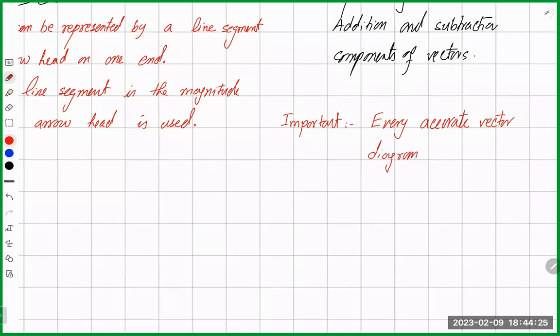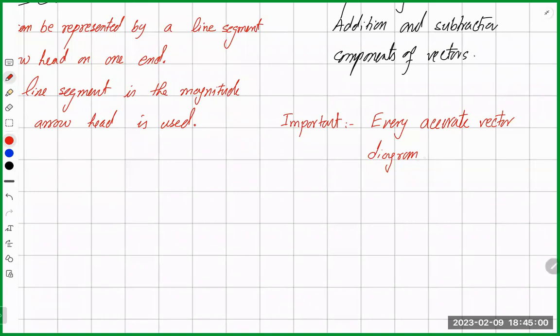What is meant by accurate vector diagram? Accurate vector diagram means a vector diagram that is drawn to the scale, not like random lines just showing the direction and shape of the vectors. Sometimes we sketch a diagram without any accurate measurements. That is not an accurate diagram. An accurate diagram means that every dimension, every length, every angle is measured and drawn as it should have been drawn. So that kind of diagram is called an accurate diagram.